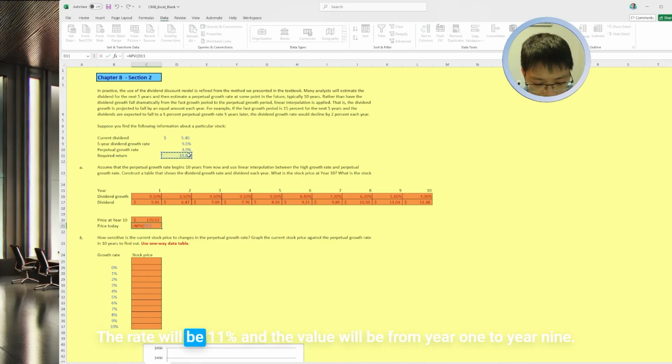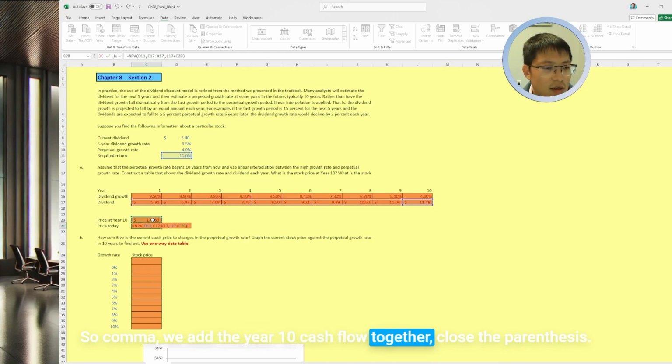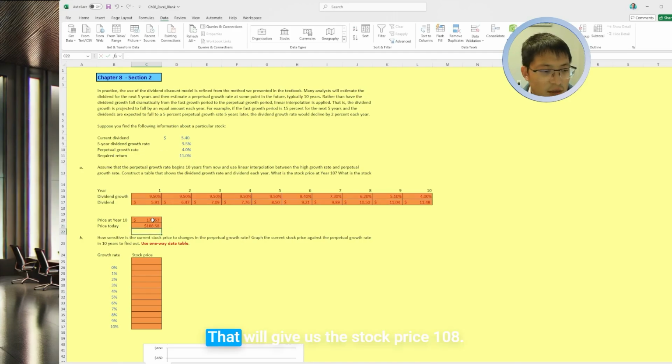The rate will be 11%, and the values will be from year 1 to 9. We'll leave year 10 out because we have a year 10 dividend and year 10 price. So comma, add the year 10 cash flows together, close the parentheses. That's the stock price of 58.